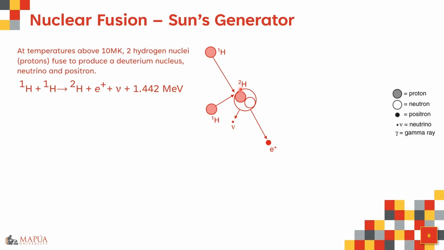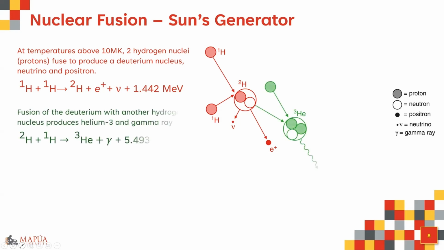So now there is a fusion between this deuterium nucleus and another hydrogen nucleus. And when they fuse, it produces a helium-3 isotope nucleus and a gamma ray.